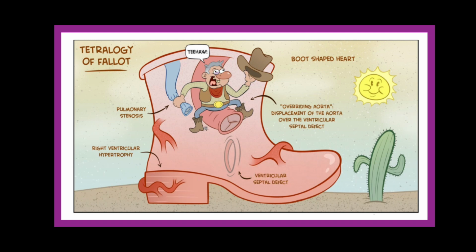As you can see, this is represented with the hole, that there is a hole in the interventricular septum which will cause the mixing of the blood, and a high amount of blood will flow through the aorta and ultimately to the body. So this is a very nice diagrammatic representation of tetralogy of Fallot, which will help you to remember it throughout your life. You will not forget tetralogy of Fallot.